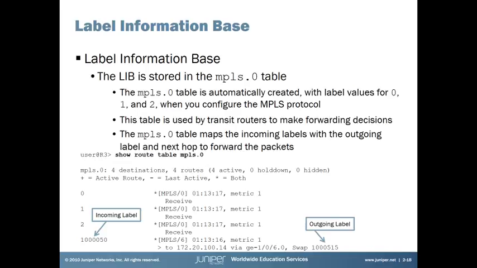The MPLS table maps the incoming packets with the outgoing label and a next hop to forward the packets. So the swap information is in the mpls.0 table, and the packet will be sent out with a new label.